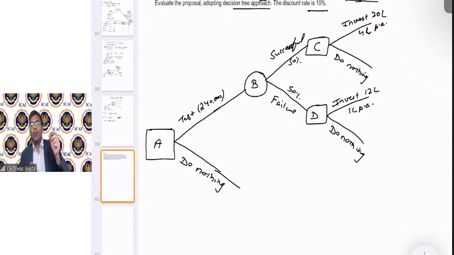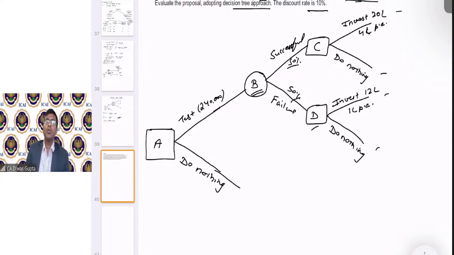Wherever the probability is given, before that there will be a chance node. So see, there is no probability here, that is why there is a decision node. But just before this probability, there is a chance node. You're getting that correlation, students? Okay. So this is a decision tree.